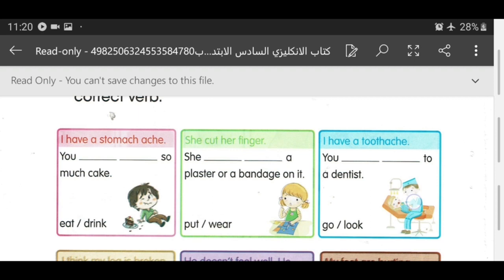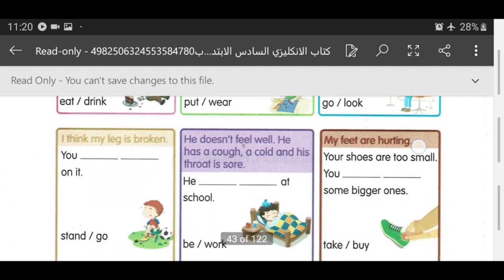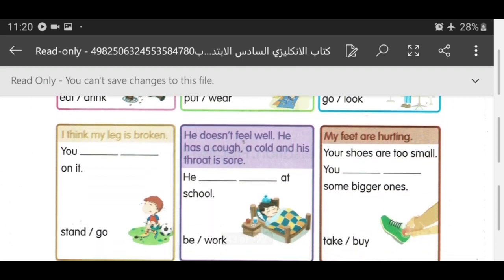You should go to a dentist. I think my leg is broken. You should go straight to hospital. He doesn't feel well. He has a cough, a cold, and his throat is sore.